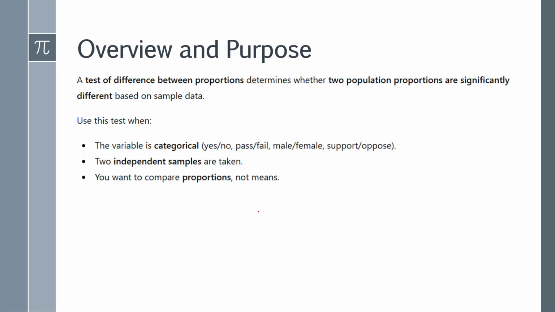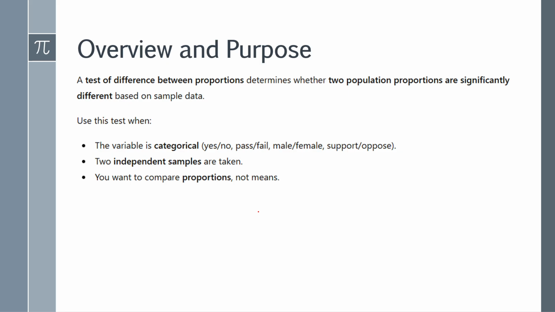So what is the overview and the purpose of this z-test, or test of difference between proportions? The test of difference between proportions determines whether the two population proportions are significantly different based on the sample data. When do we use this test?